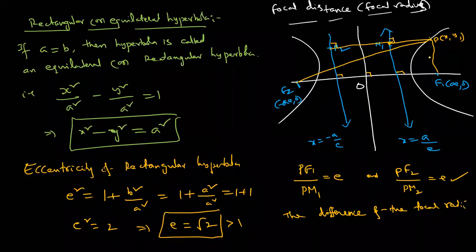What is the focal radius here? PF1 is the radius, PF2 is the radius. So this difference of these two radii is how much? That is the length of the major axis. If I'm using the word major axis, you should understand that it is the transverse axis. Keep it in your mind.